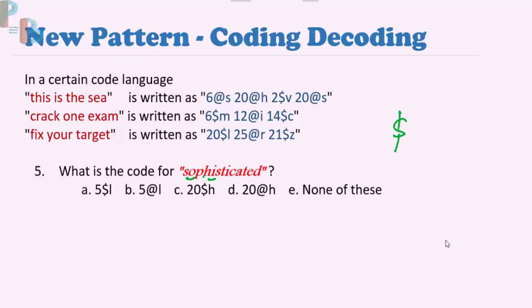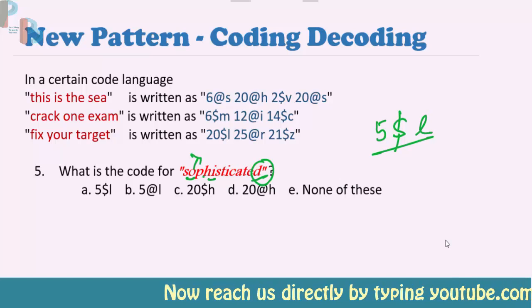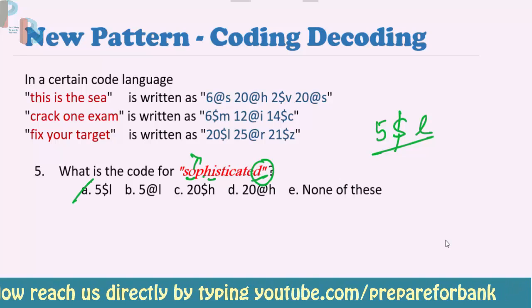Now we have to check the second letter of the word and the last letter of the word, right? So the last letter is D. That means the first number will be D's place value, 4 plus 1, 5, and for O it will be L. So $5L is the right answer. So option A will be the right answer.